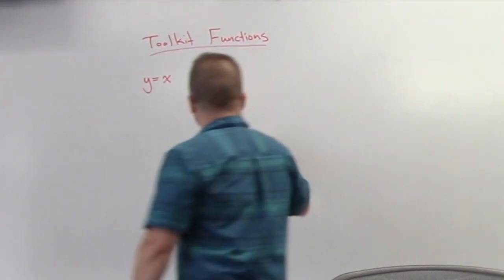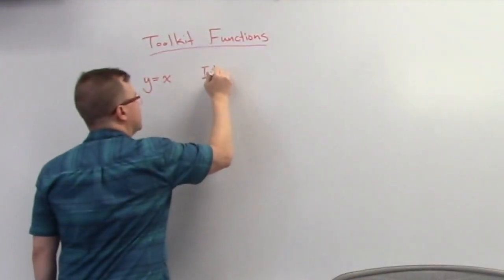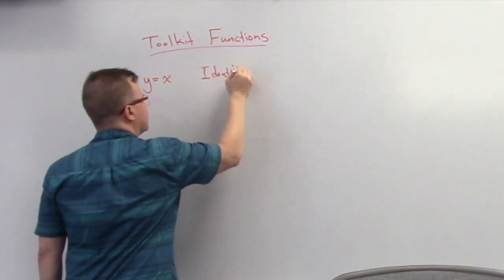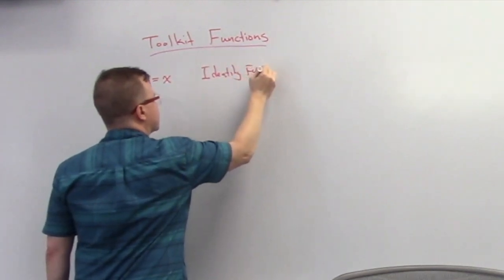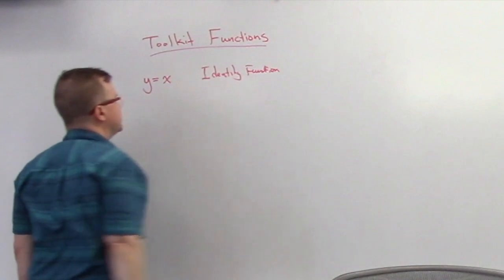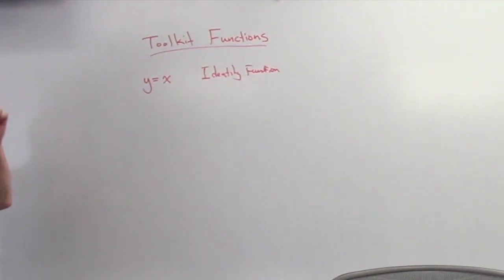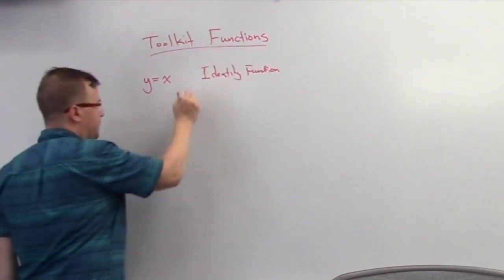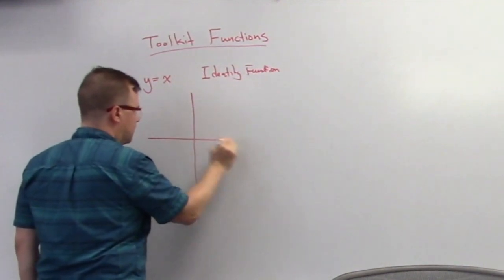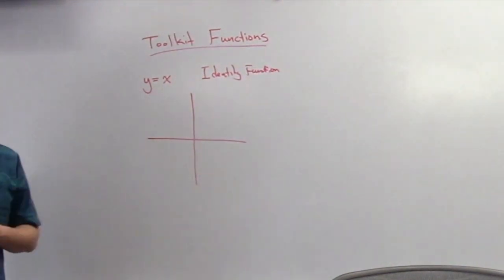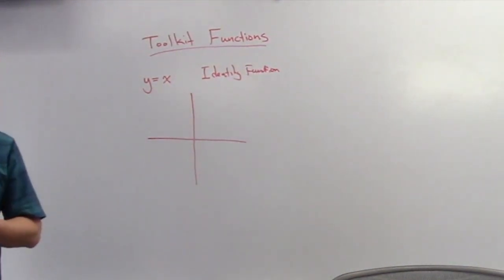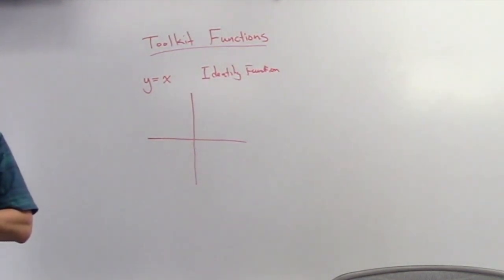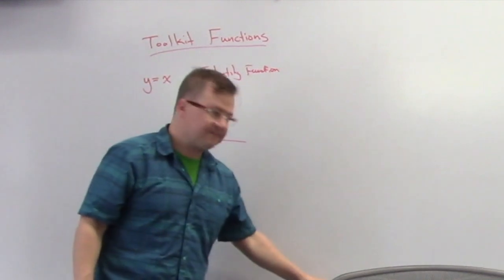And it's called the identity function. And what I want you to know offhand is what graph you would associate with the identity function is. Some of you might know already.